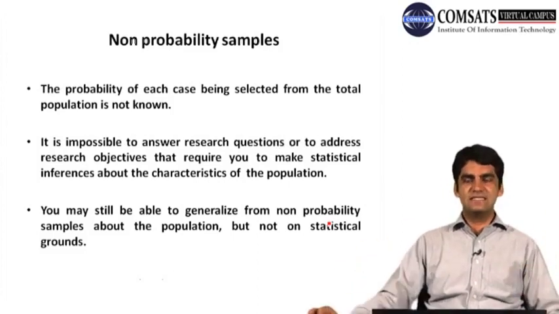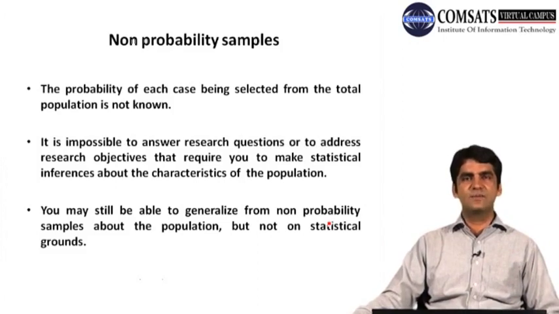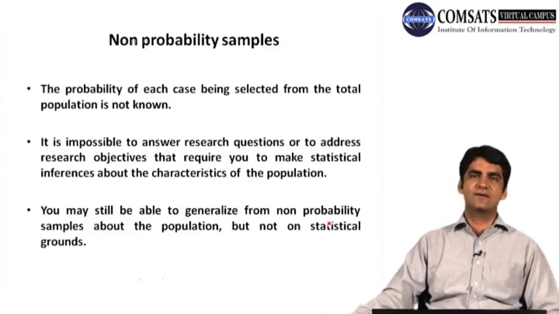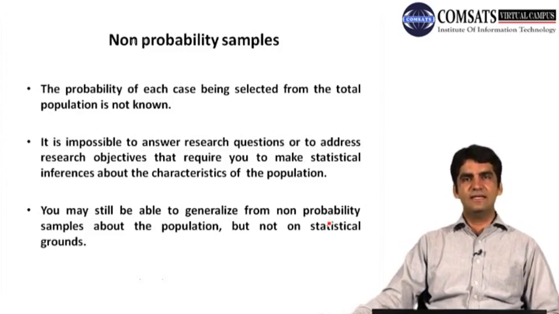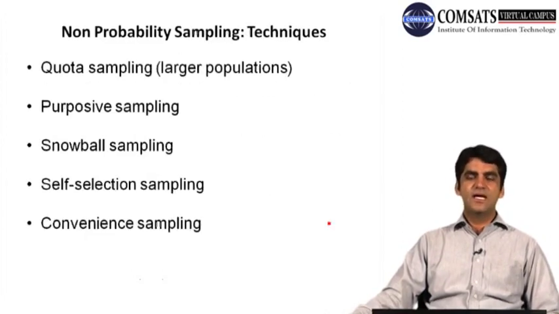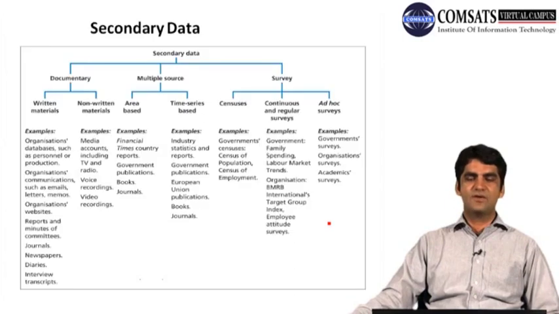Your sample is not representative of that population, so statistically you cannot make strong inferences based on your non-probability samples. You may still be able to generalize from non-probability sampling to the population, but not on statistical grounds. So this is one of the differences between probability and non-probability sampling. Non-probability sampling techniques include quota, purposive, snowball, and so on.